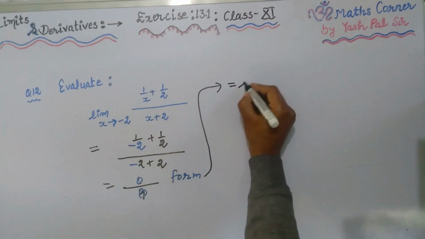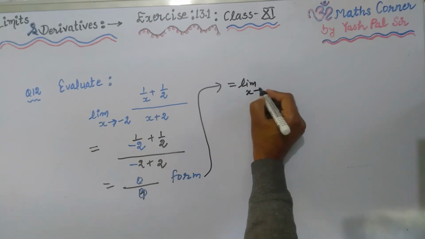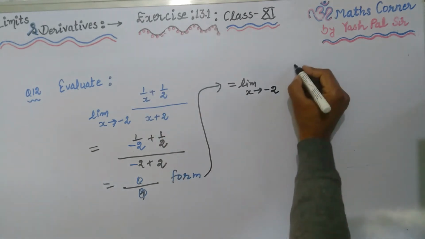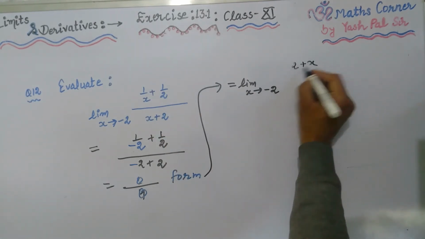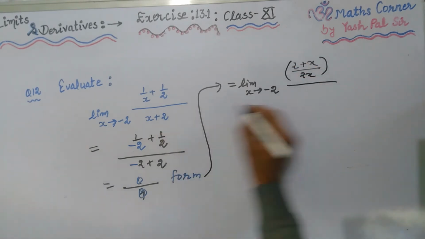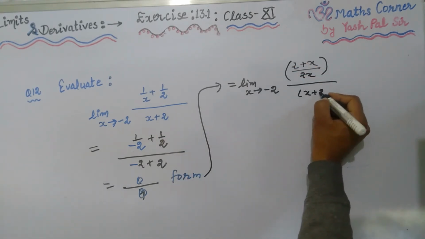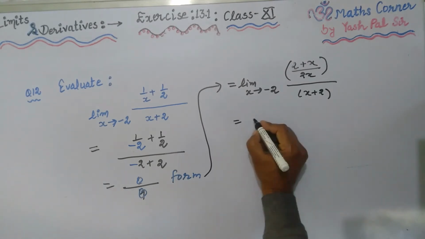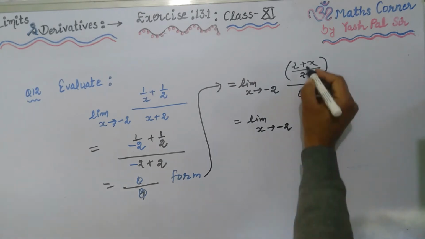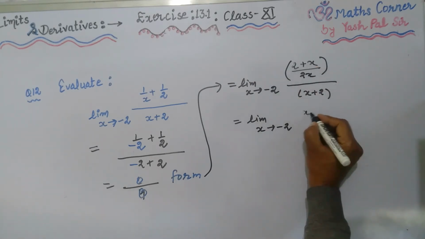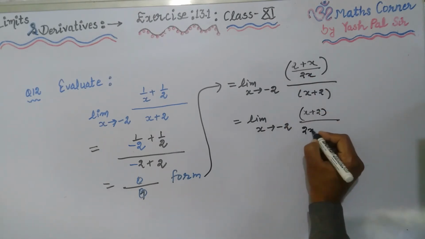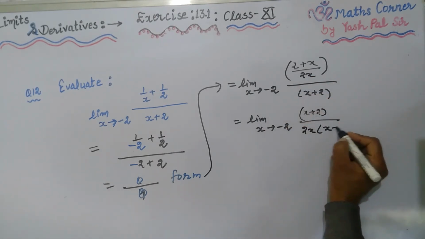If direct substitution is not allowed, then what we should do? We write it as limit x approaches to minus 2, taking LCM, this becomes (2 plus x) divided by 2x, this is the numerator, whole divided by x plus 2, right? So this becomes limit x approaches to minus 2, we can write this as (x plus 2) divided by 2x, multiplied with 1 upon (x plus 2).